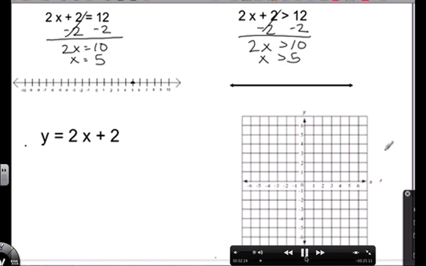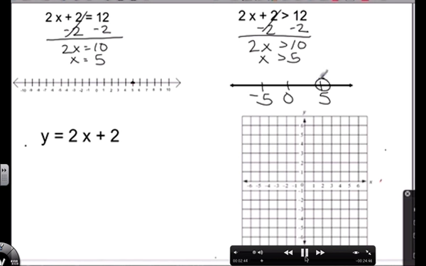But what we did is we showed our solution differently. Remember, we put a 0 here. We put our 5 on the number line and its opposite. Now, we showed that 5 would not be part of the solution by putting an open circle on 5.